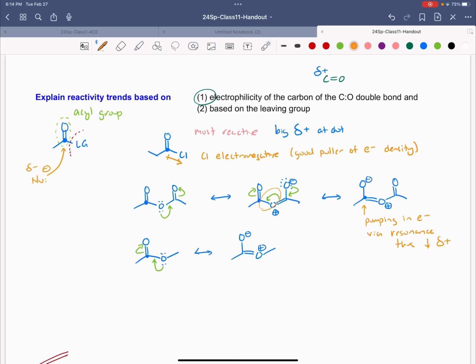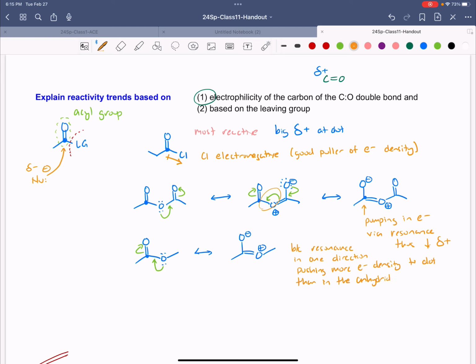So in this case, because resonance in, we'll say, one direction, we're pushing or pumping, let's use the word pushing more electron density to the dot than in the anhydride case.